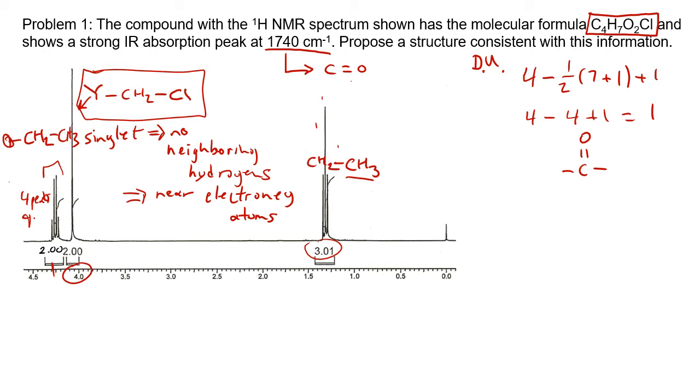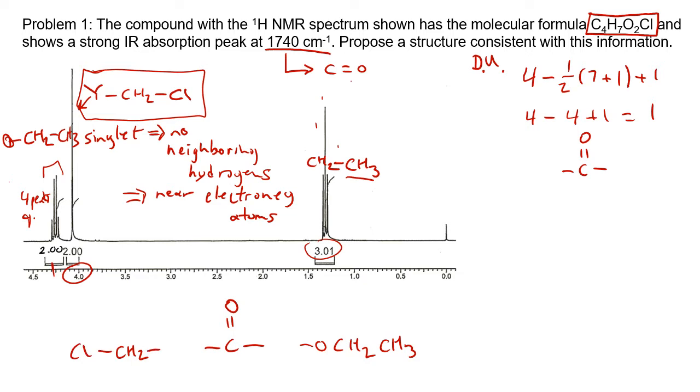And so if we look at what we figured out from the spectrum, we know we have this fragment based on the IR data and degrees of unsaturation. We know we have this fragment from those other signals, and we also know we have a CH2Cl fragment.